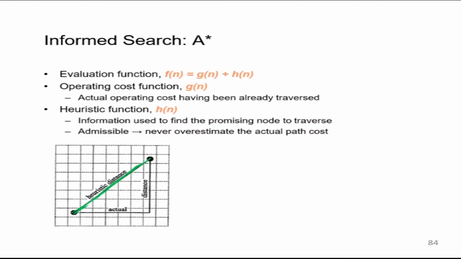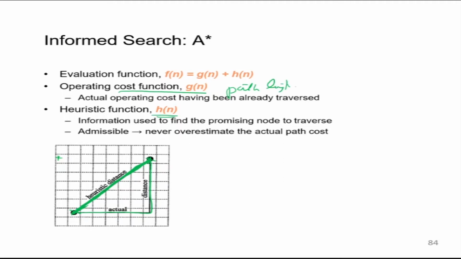So this is the actual distance, which is the Manhattan distance, and the heuristic distance is this distance, from this node to this node. If I talk about this node to that node, the distance could be more. So basically in the informed search A star, we evaluate the operational cost, which is the path length, and a heuristic function which is h(n).